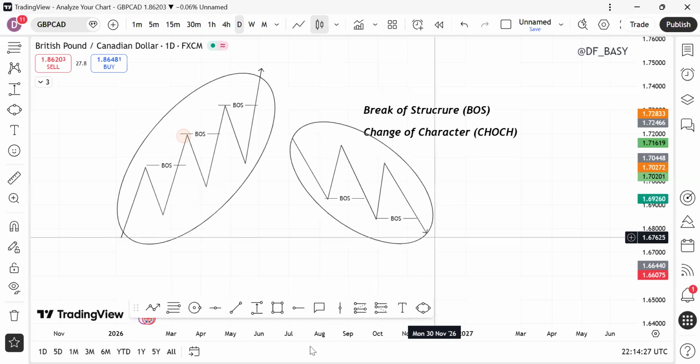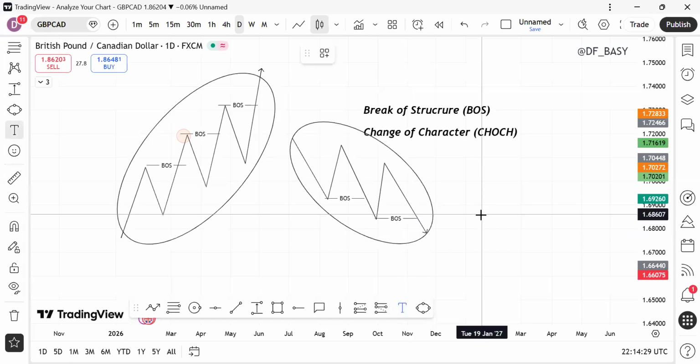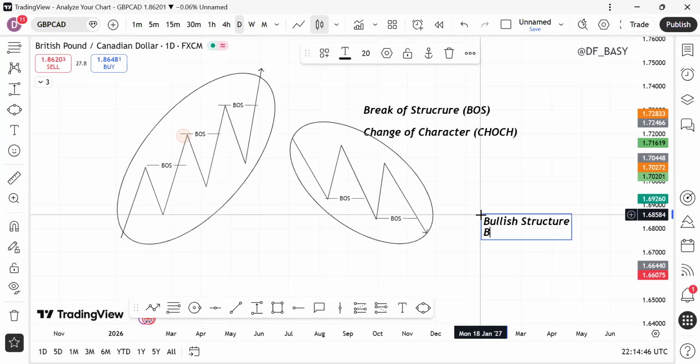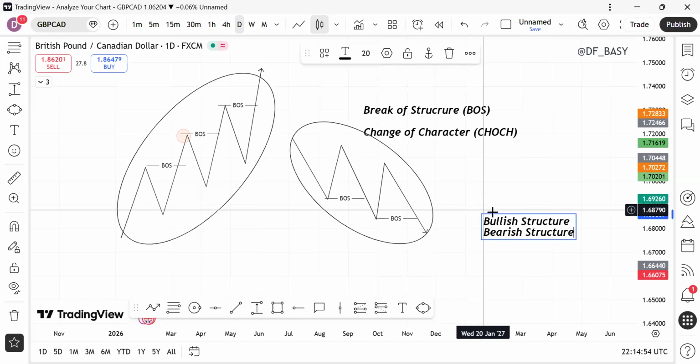So we have two types of structures, which is basically the bullish structure and the bearish structure, right?